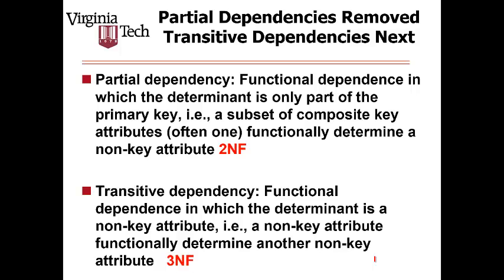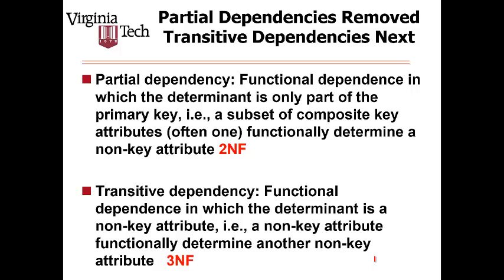Well, so we've removed our partial dependencies, and our next thing to do is remove any transitive dependencies. You'll recall, a transitive dependency is when a non-key attribute functionally determines another non-key attribute. And that's a violation of our goal of the entire key.